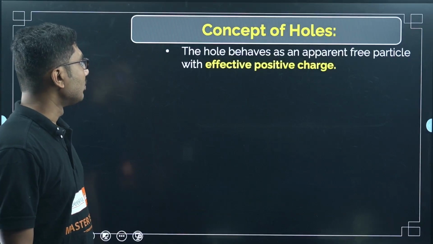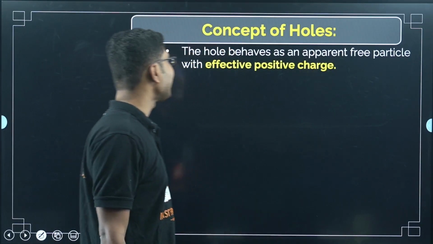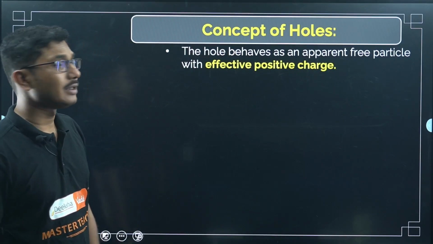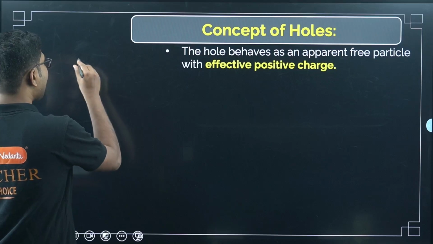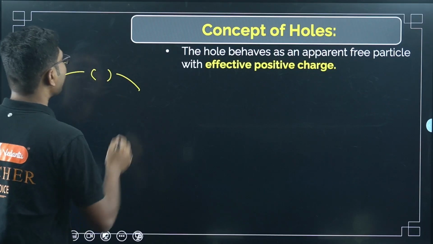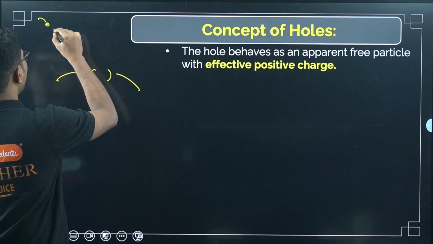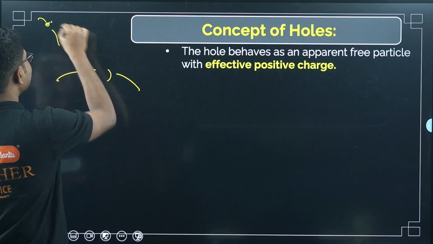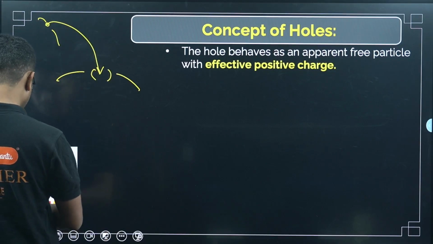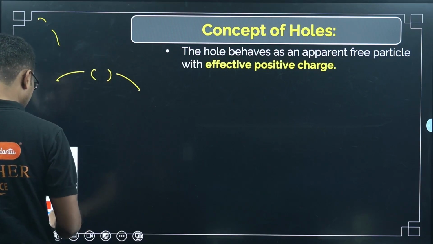Now the hole behaves as an apparent free particle with effective positive charge. Why is it an apparent free particle? Because as I said, there is a hole, and it will try to acquire an electron, suppose there is another bond here somewhere with an electron. It will acquire this electron. Once the electron is transferred from here to here, this hole will now be filled.